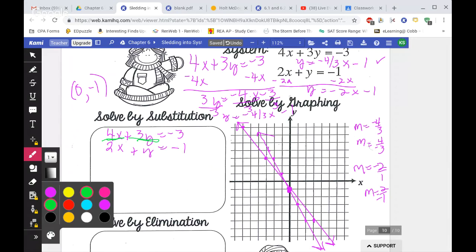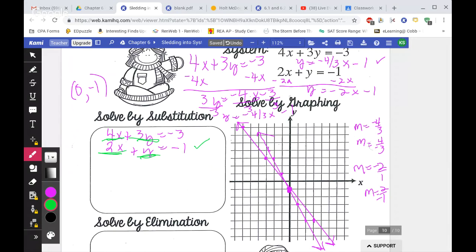What's the coefficient on this term? 3. What's the coefficient on this term? 2. What's the coefficient on that term? 1. So that's the equation that you want to use for substitution, because that would be the simplest.